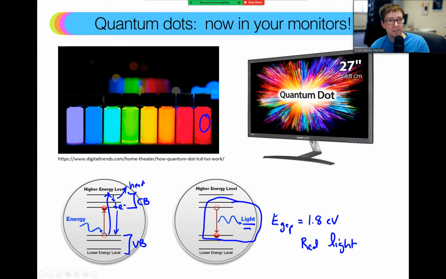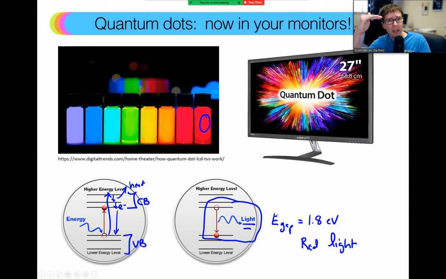So again, this experiment is we shine ultraviolet light on the quantum dots. We excite electrons up to the conduction band, maybe to some high state in the conduction band. Those electrons kind of relax back down to the very edge of the conduction band. As they do that, they give off a little bit of heat because we have to conserve energy.